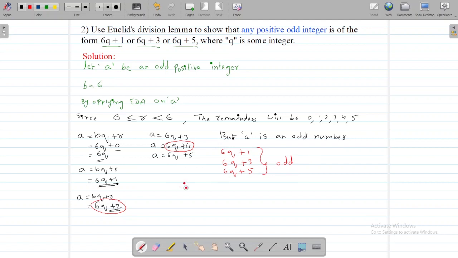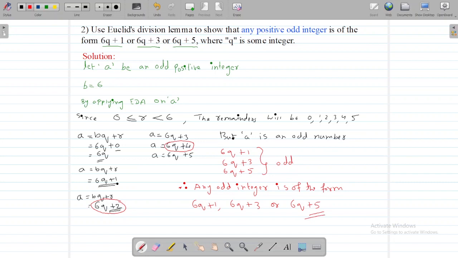As the question is asking us to find out the odd numbers, we can finally say that therefore any odd integer is of the form 6q plus 1, 6q plus 3 or 6q plus 5.